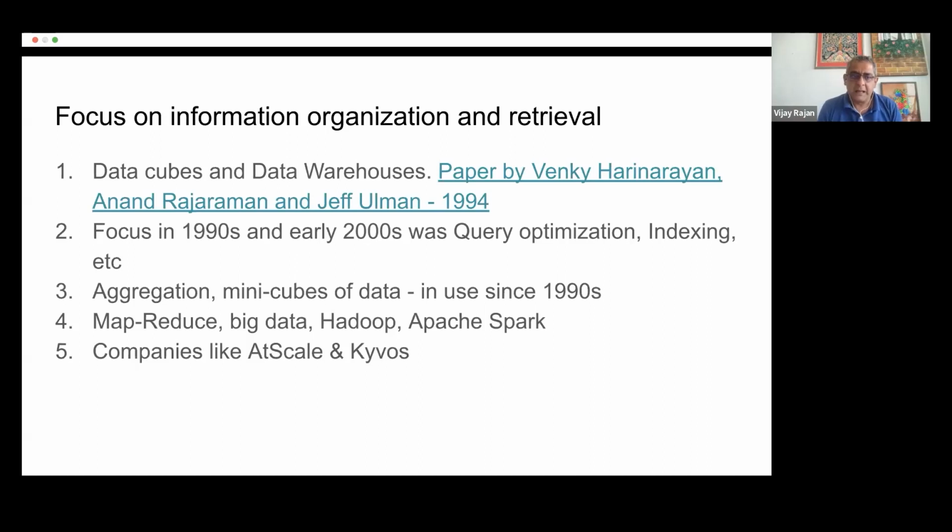I've seen that even very recently. And then, of course, the evolution had MapReduce, working with really big data, Hadoop, Apache Spark, and so on. And there are companies like AtScale and Kyvos Insights, which take care of that end of the spectrum, where they try to make your queries much faster.